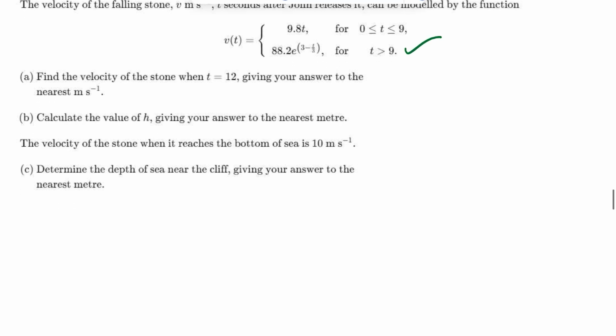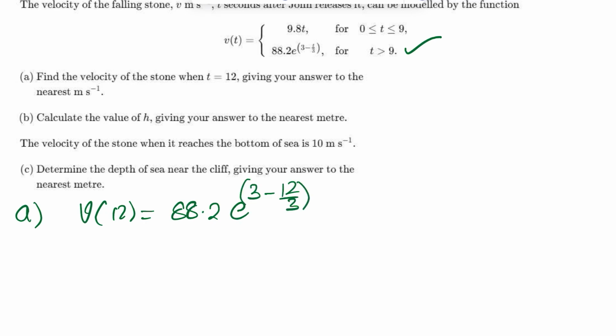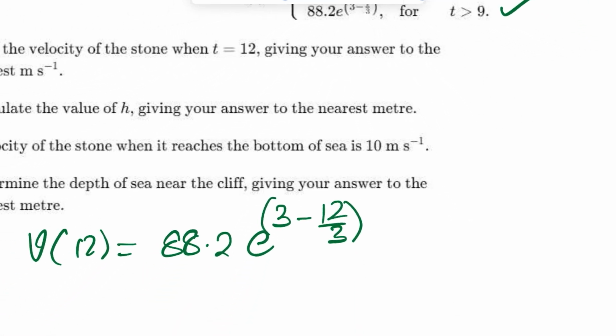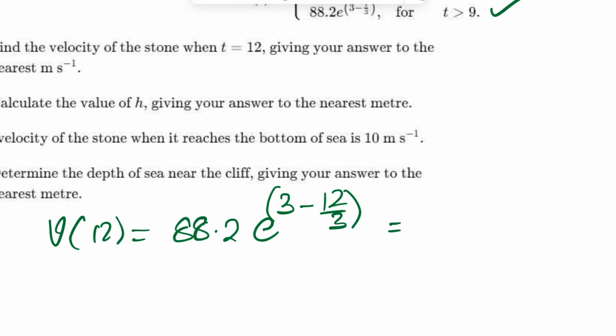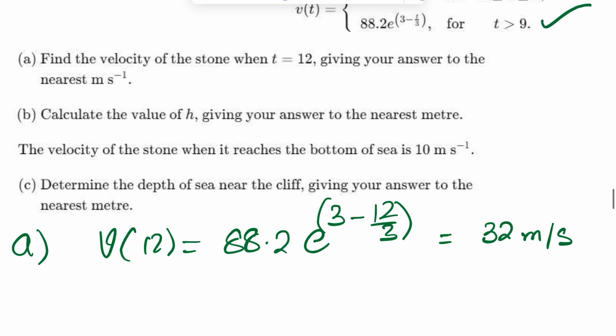So for part A, I am going to do v of 12, which is 88.2 times e to the power of (3 minus 12) upon 3. Simplify that. You should be getting 32 meters per second. Then part B, calculate the value of h, giving your answer to the nearest meter.